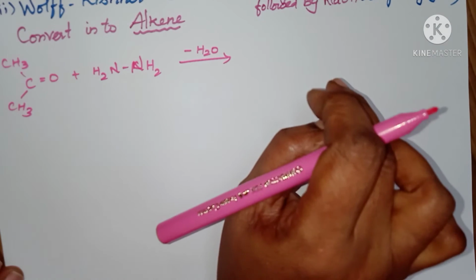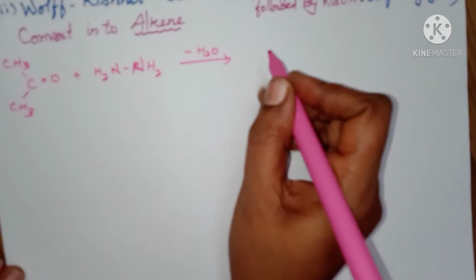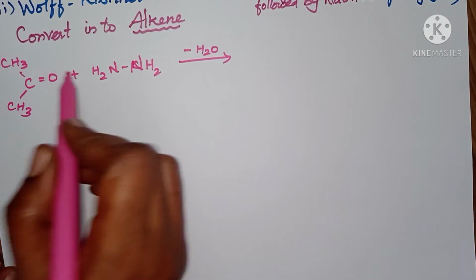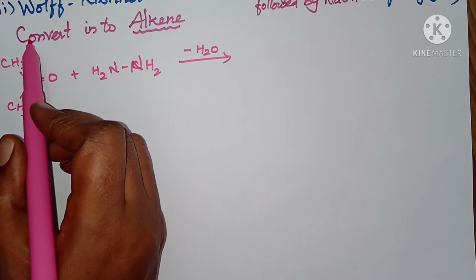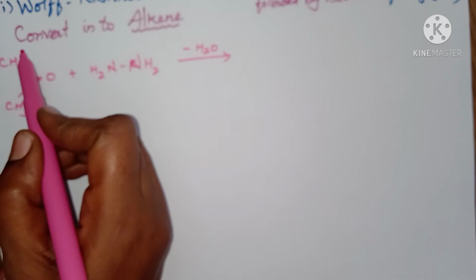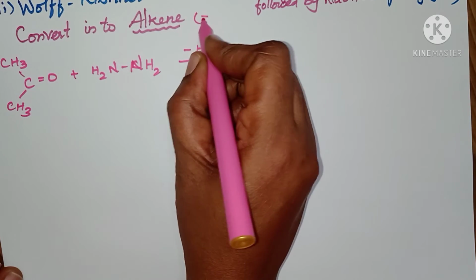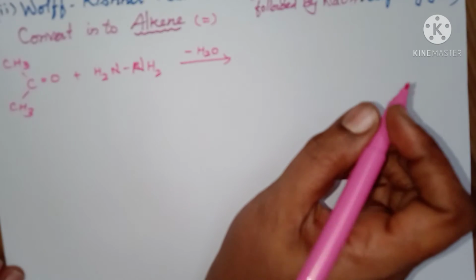So that means NH2 single bond NH2. This is the hydrazine formula. So what is going to happen? Aldehydes or ketones, any one we have taken, convert into alkene. Alkene is an unsaturated compound, which is known for its double bond.